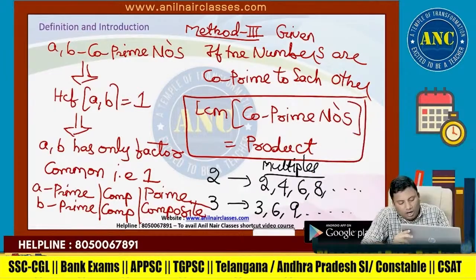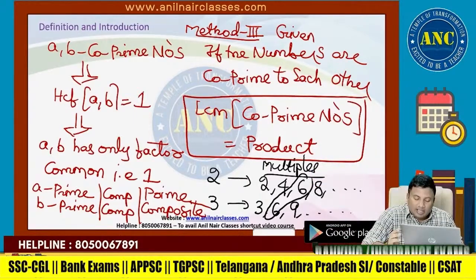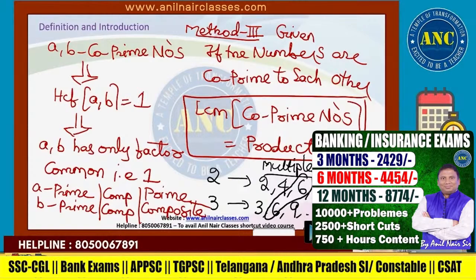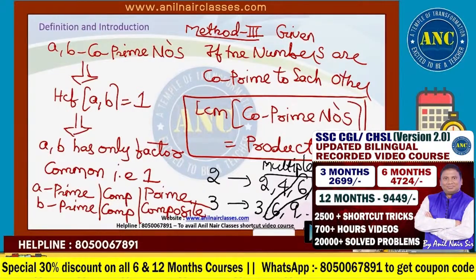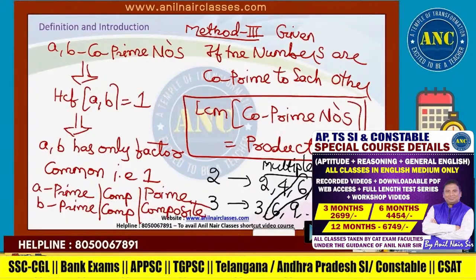What is the LCM where the numbers are meeting? The lowest value where they meet is 6. So the LCM of 2 and 3 is 6, which is nothing but their product. LCM of co-prime numbers will always be their product.